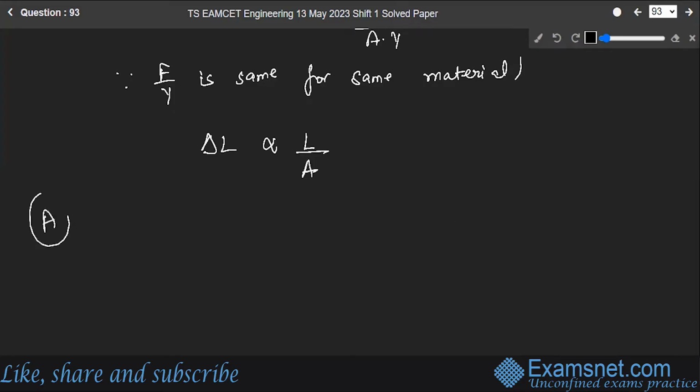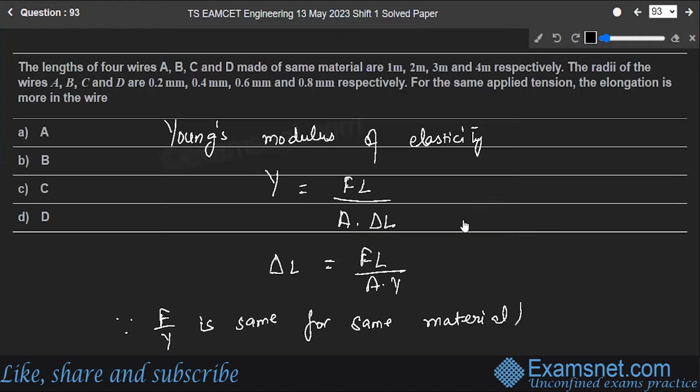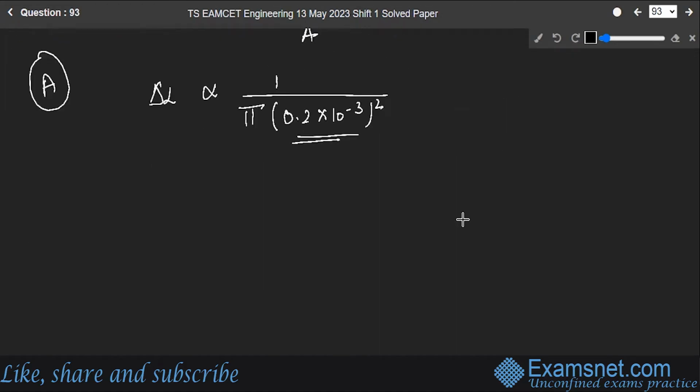So let's consider wire A now. Change in length will be directly proportional to length, which is equal to 1, and area is equal to pi into 0.2 into 10 raised to power minus 3, whole square, because this is pi r square. This is the radius given for the wire, this 0.2. I'm converting that into meters. So 0.2 into 10 raised to power minus 3, area is pi r square. Let's solve this.